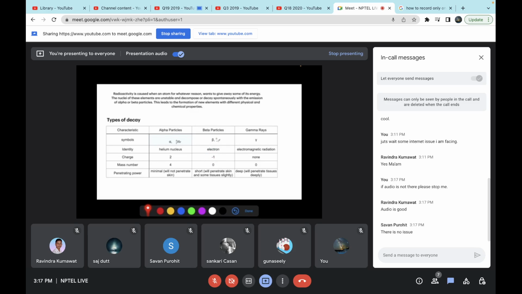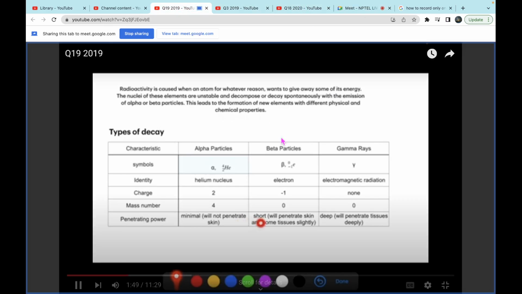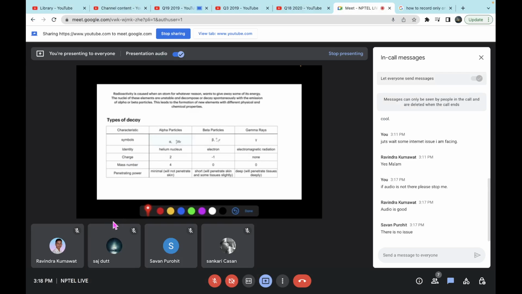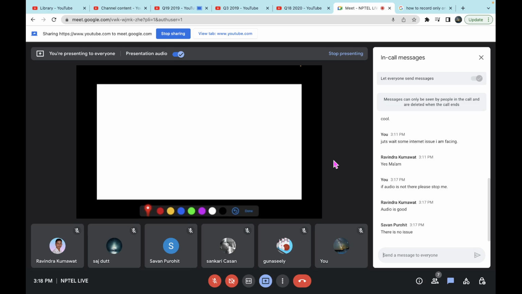It carries a charge of -1, mass 0, and it has slightly higher penetrating power than the alpha particle, so it can penetrate short distances like skin and some other tissues. Gamma rays are simply electromagnetic radiation with zero charge and zero mass. They have a very high penetrating power.